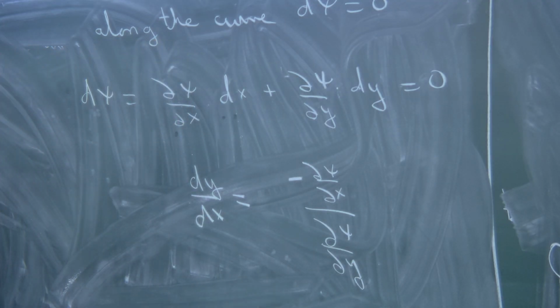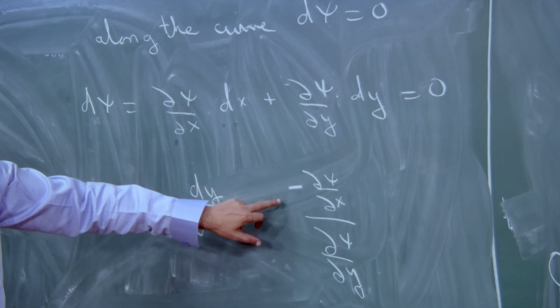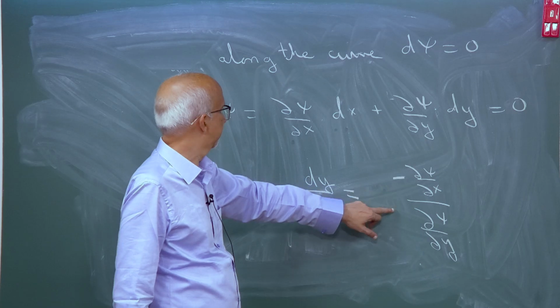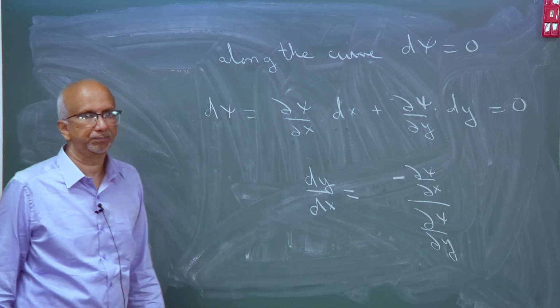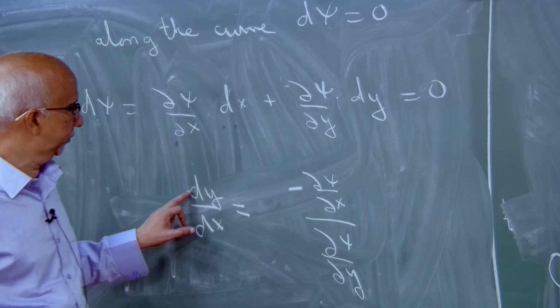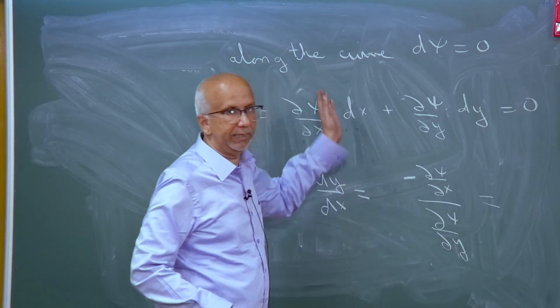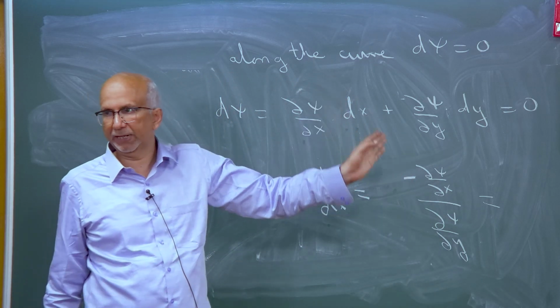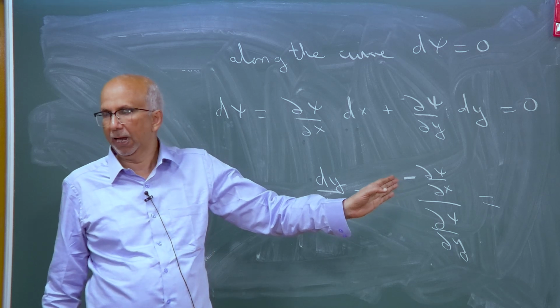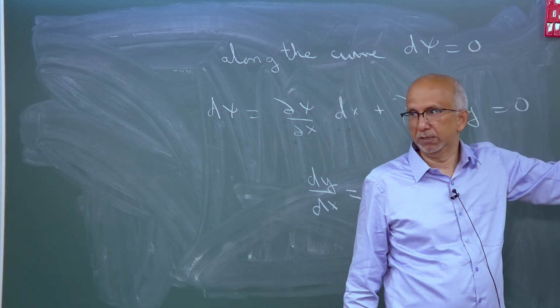Is this correct? So, I moved it to the other side, I got a minus sign, minus d psi by dx by d psi by dy, okay. I am telling you that this dy by dx is nothing but the direction of the tangent along the streamline, and I told you that the direction of the tangent must be the same as the velocity.